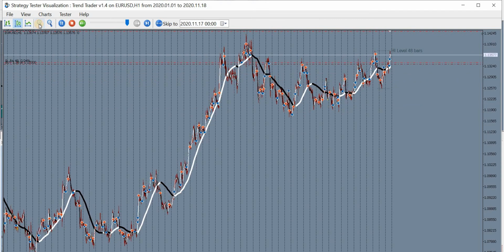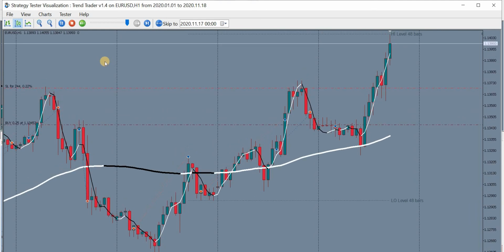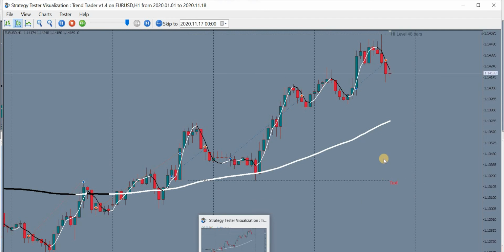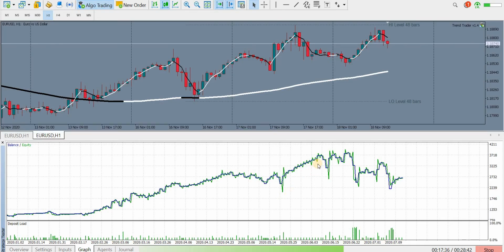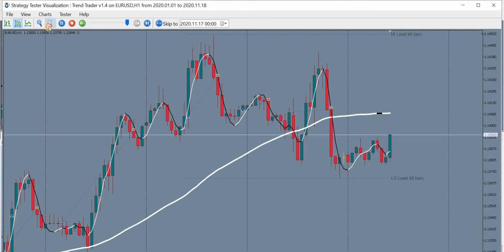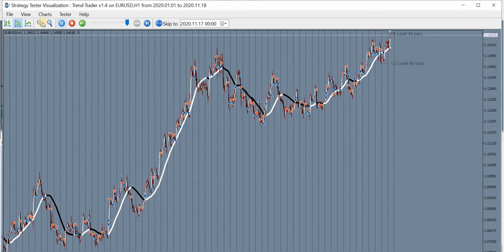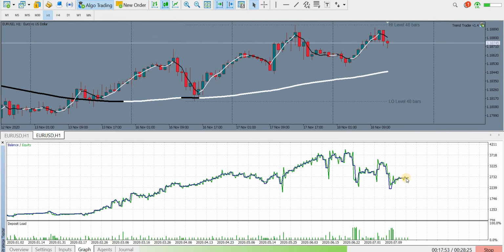And so there are many trades that are going to be lost. What is good though is that as the price goes up and down and doesn't move too much, the profit also does that, and it doesn't fall.